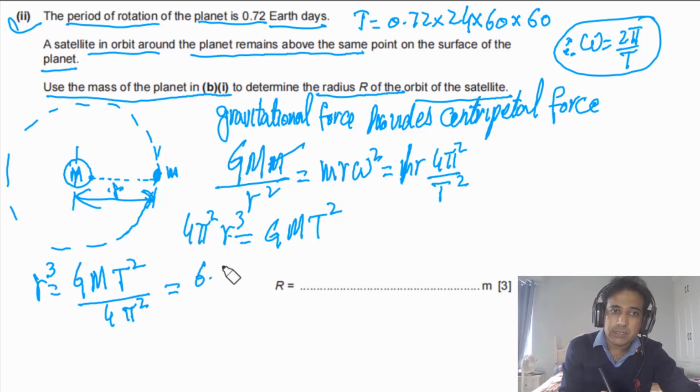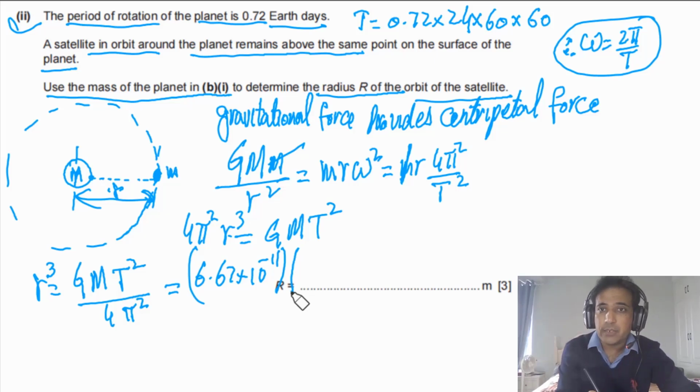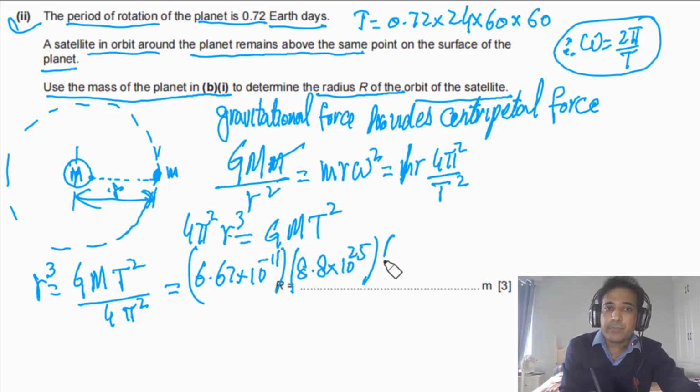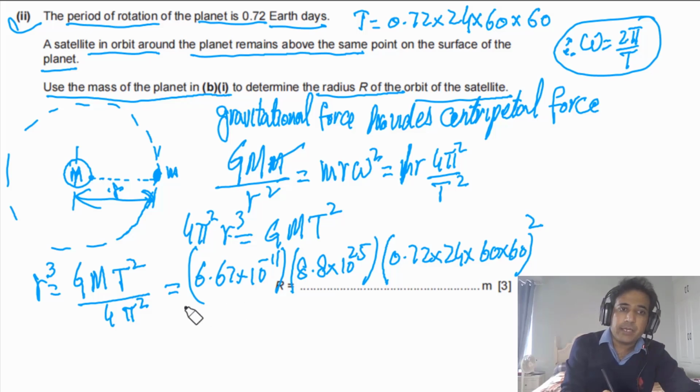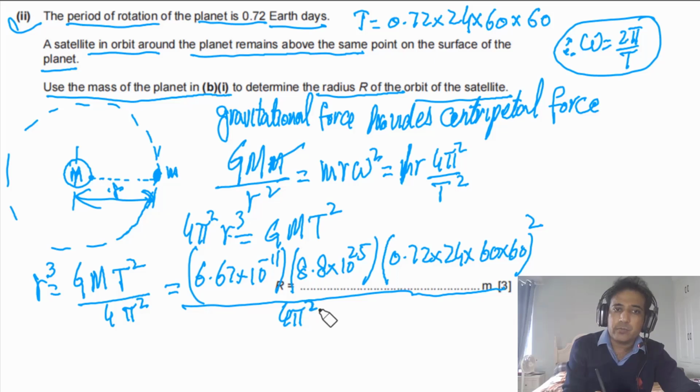The value of G is 6.67 times 10 to minus 11, and the mass of the planet we have calculated in part 1, that was 8.8 times 10 to 25, and the time period we have here is 0.72 times 24 times 60 times 60, squared, and divided by 4 pi square.